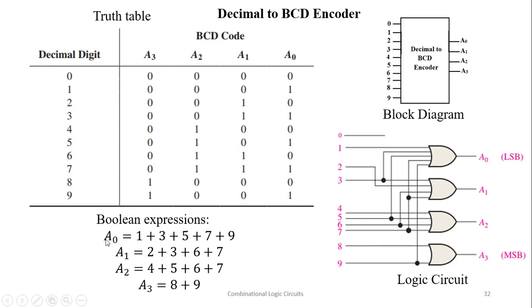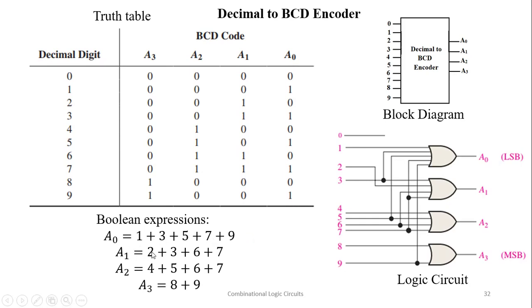The Boolean expression for A0: A0 is active for 1, 3, 5, 7 and 9. So A0 is line 1 plus line 3 plus line 5 plus line 7 plus line 9. This is Boolean addition, so we implement it with a 5 input OR gate.